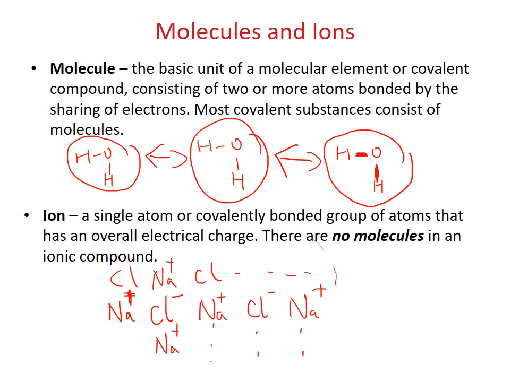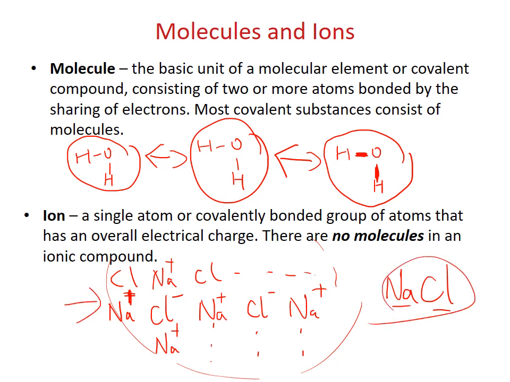Now, the ratio of sodium and chloride is 1 to 1, so we can write sodium chloride, but in effect, there's no molecule in ionic compounds. It's the infinite array of positive and negative charged ions in ionic compounds.